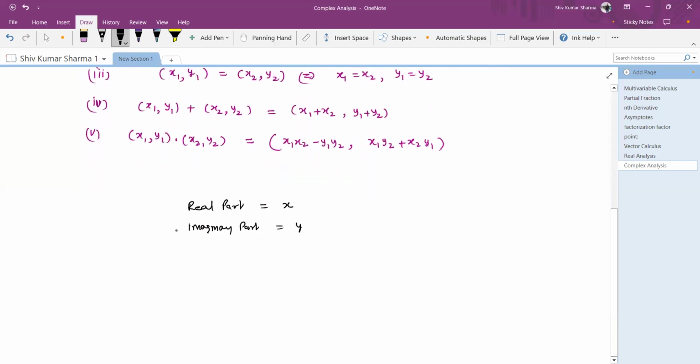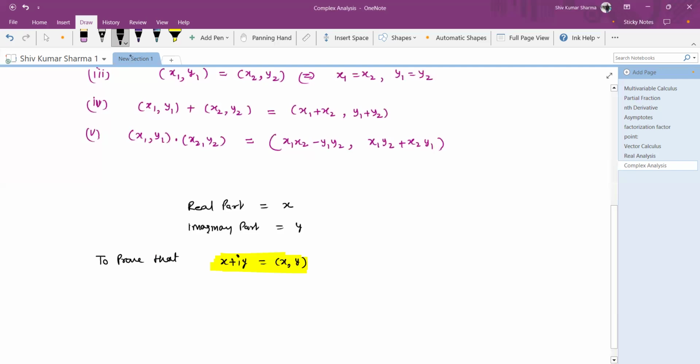Now the important thing is to prove that x plus iota y is equal to (x, y). How do we write this in ordered pair form? So x plus iota y is equal to x, y, an ordered pair. I have to write this complex number in ordered pair form.